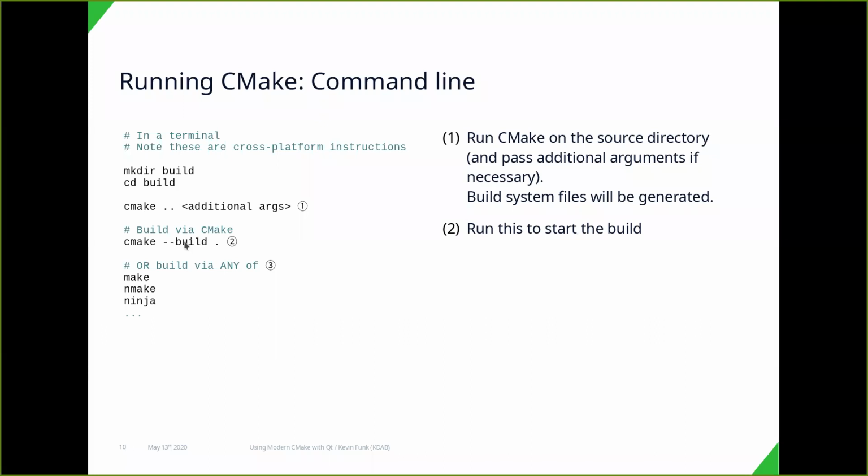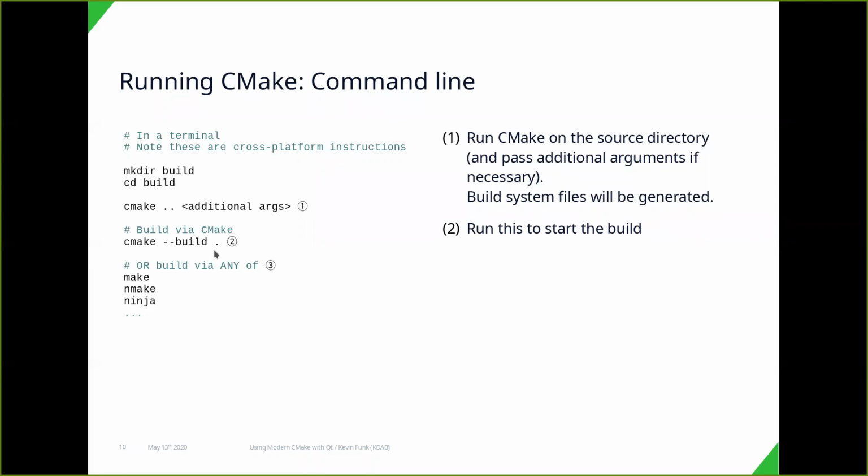And in fact, CMake will just invoke the build system tool required to build this project. So if we started CMake and asked CMake to generate a build system for makefiles, it will just run make under the hood. If we asked it to generate Ninja build files, it would run Ninja under the hood.